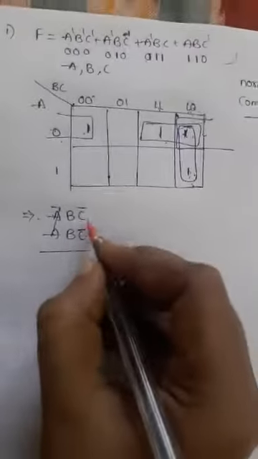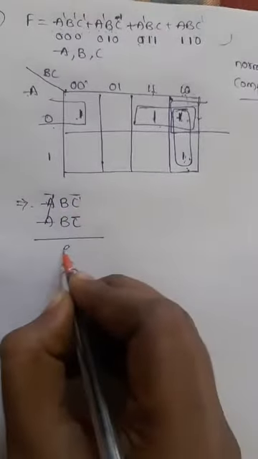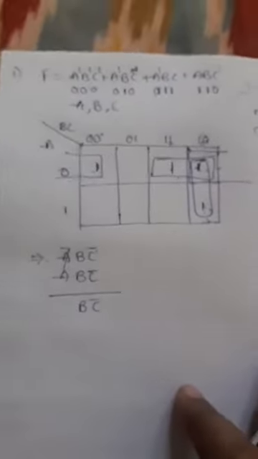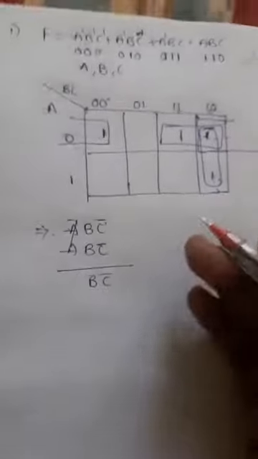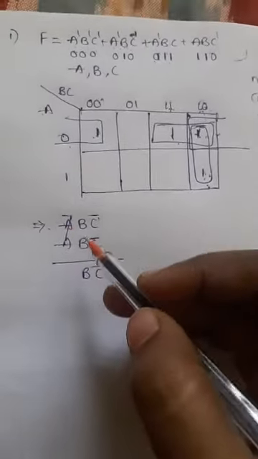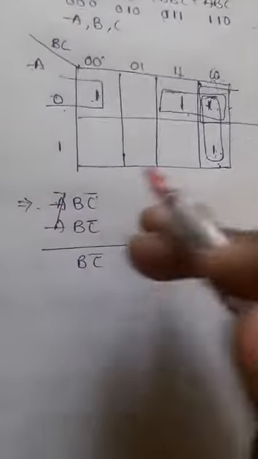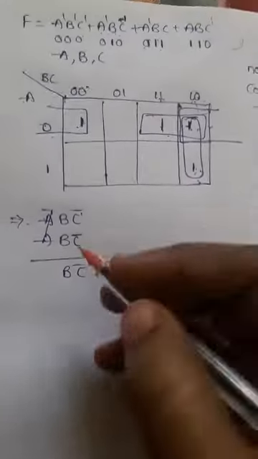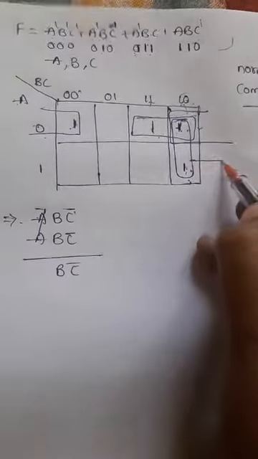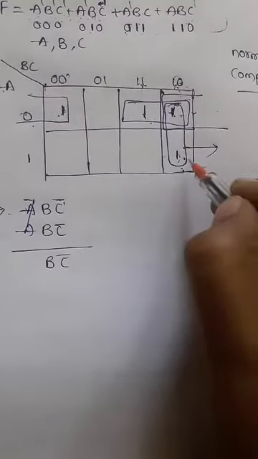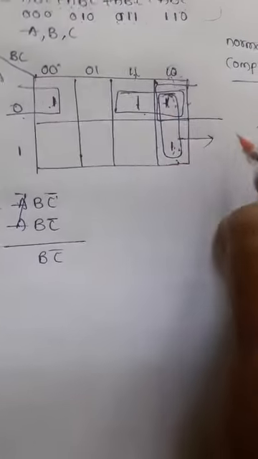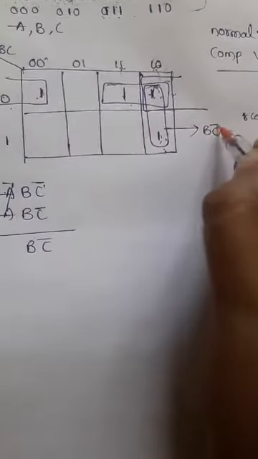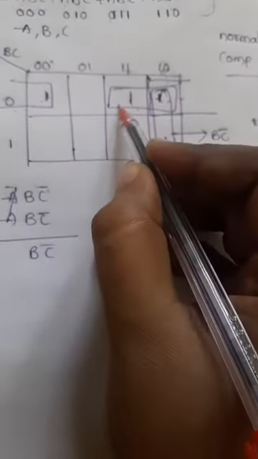Any variable that stays the same, you write it as it is. So BC complement. This is the first result: the prime implicant of this double is BC complement.